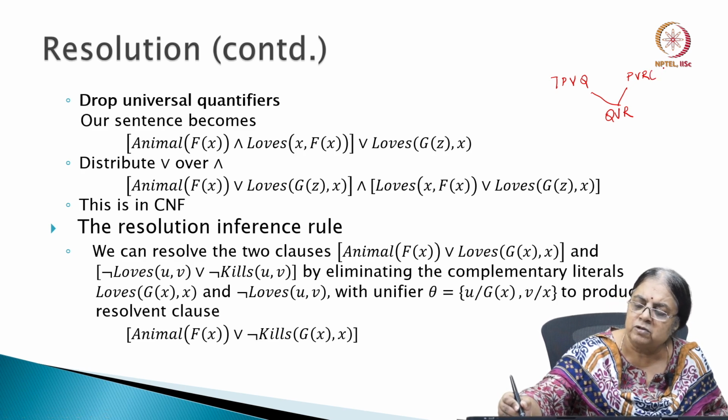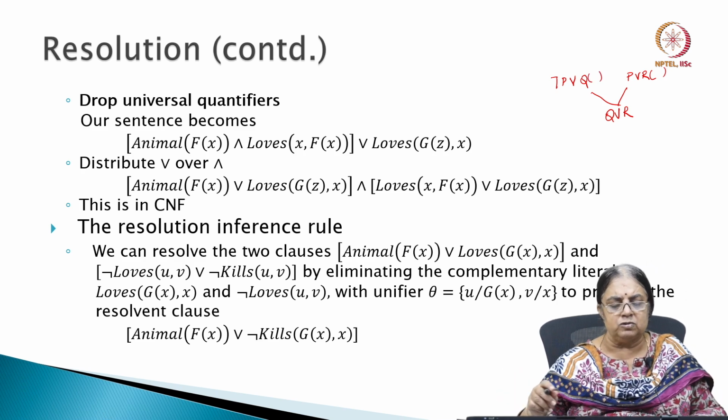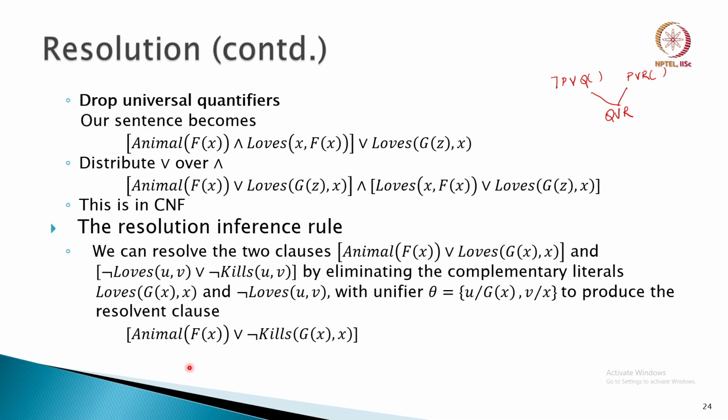So this is in a simple form where we look at the propositions, but you will also have, say, variables, or you will have elements over here. Okay, so you need to use those also in the case of predicate logic basically. Okay, so if you combine these two, okay, not loves u v and you have loves g x. Okay, so you are taking these two and you are trying to eliminate these two.